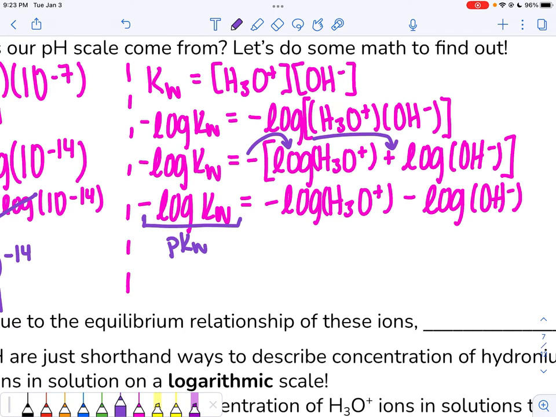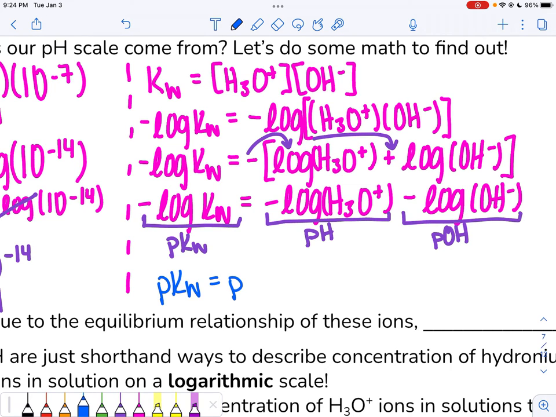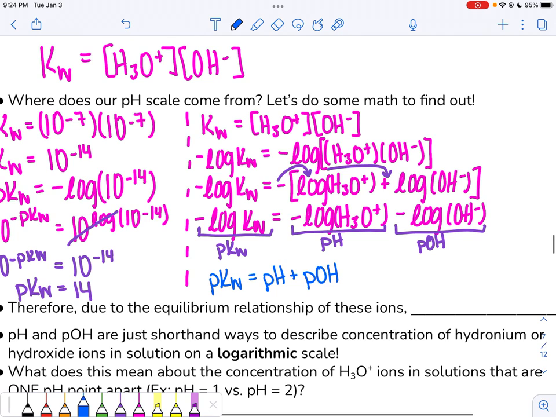These terms should hopefully look familiar to you. We defined negative log of Kw as pKw. Negative log of H3O plus is defined as pH. Negative log of OH minus is defined as pOH. So what this is telling us is that pKw is equal to pH plus pOH.